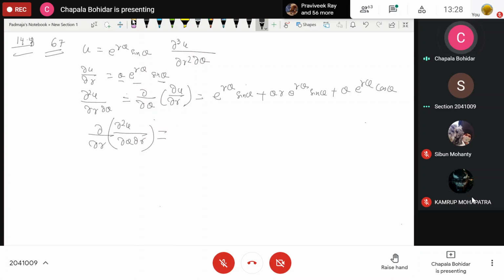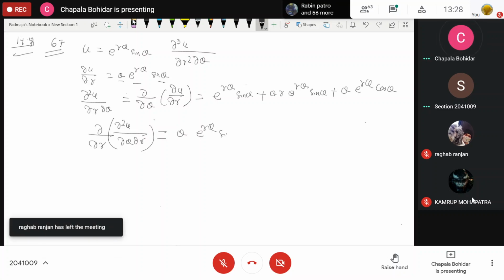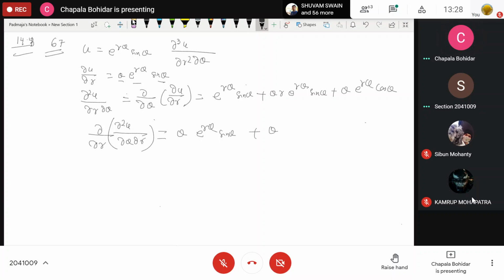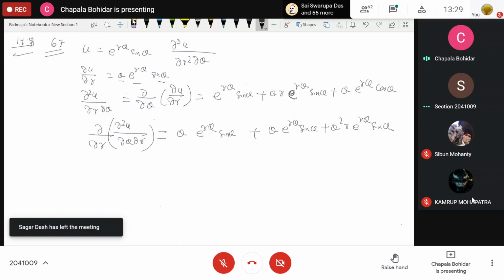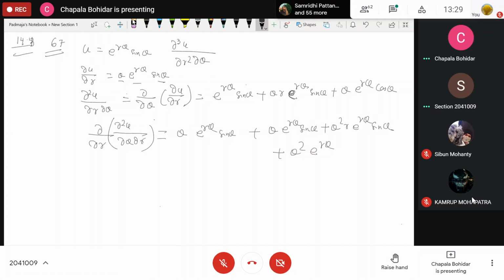So what we get here: theta e to the power r theta sin theta, then plus 2 theta e to the power r theta sin theta, then plus theta square r e to the power r theta sin theta, plus theta square e to the power r theta cos theta.